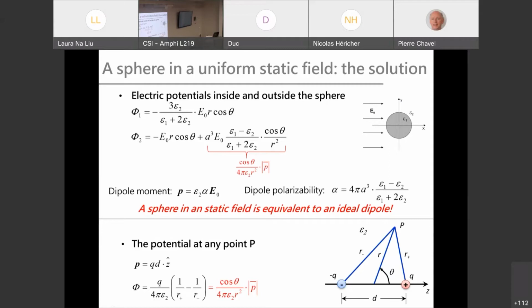That means when light interacts with such a metallic nanoparticle, when it is really teeny tiny compared to the wavelength of my incoming light, I can just treat this nanoparticle as an effective dipole.